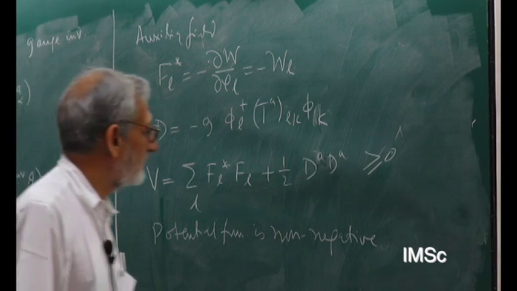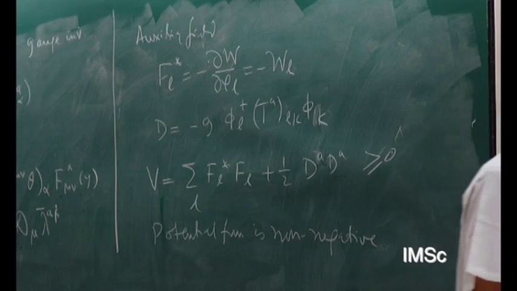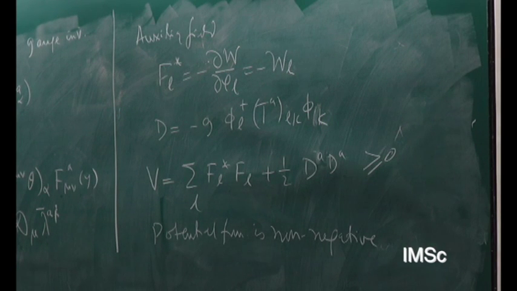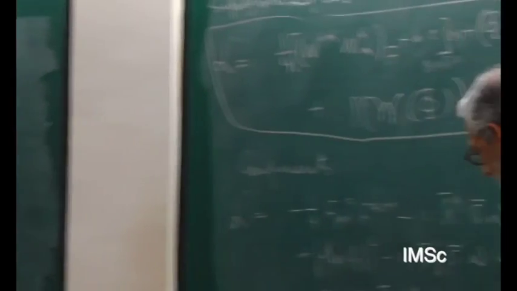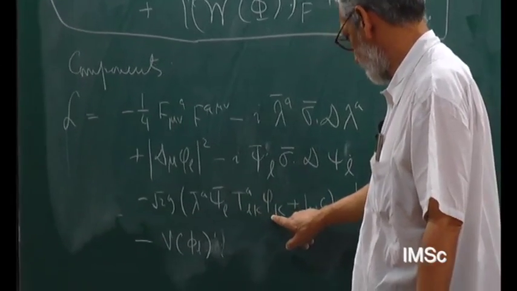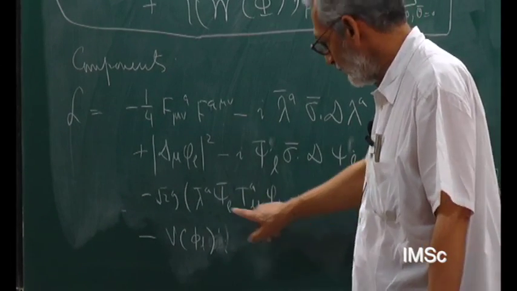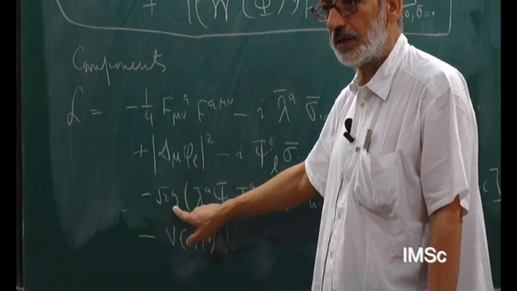Is that fine? And again here, if you notice that the Yukawa coupling and gauge coupling are not independent. See, these are Yukawa couplings, coupling two fermions and a scalar. The strength is the same as the gauge coupling.